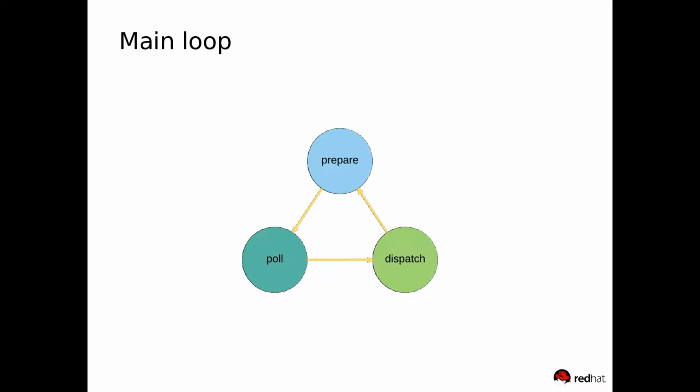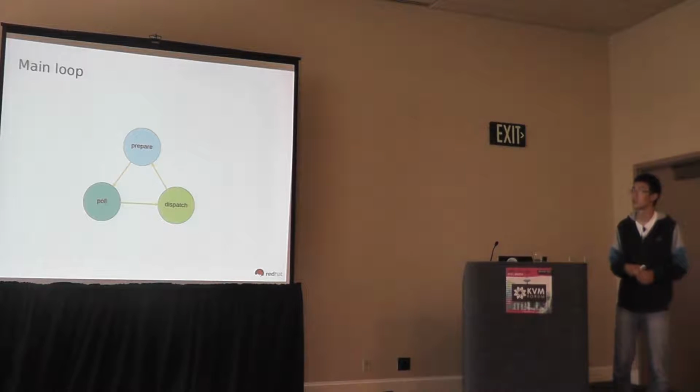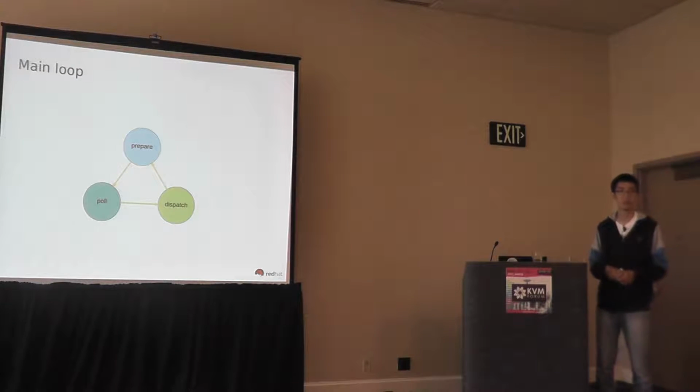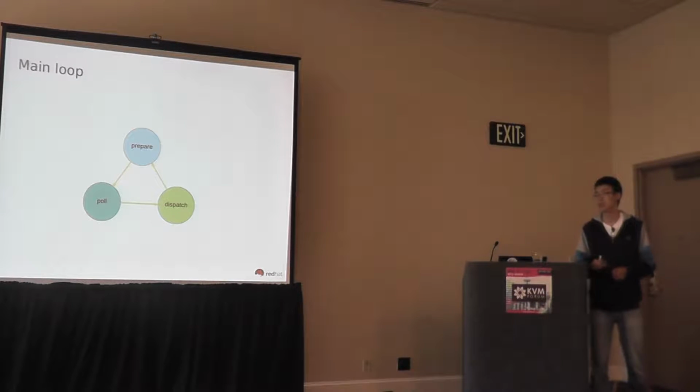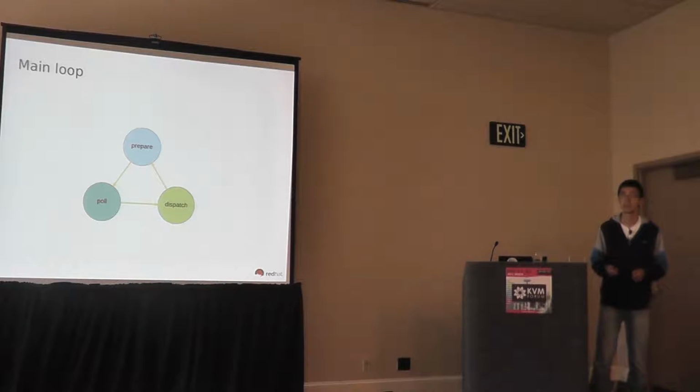So with all these elements, this is the event loop. Only 3 steps, which is simple. The first one is preparation. It's also the entry point. In this phase, you do all the last-minute preparation of various events and data structures.